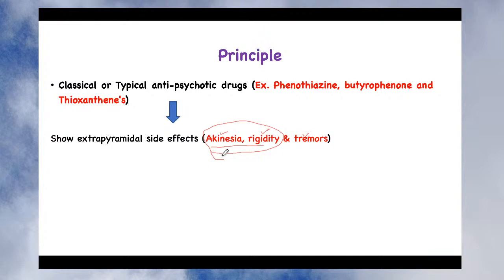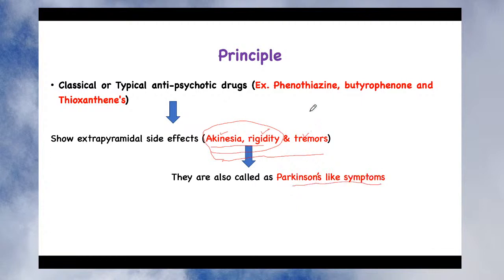And if you see the symptoms of Parkinsonism, in Parkinsonism also patients suffer from rigidity, tremor and akinesia, right? So these symptoms collectively are called Parkinson-like symptoms. It means when phenothiazine, butyrophenone or thioxanthines are given, they produce extrapyramidal side effects similar to Parkinson-like symptoms. So when you give an antipsychotic drug at an excessive dose, it has the ability to produce Parkinsonism.